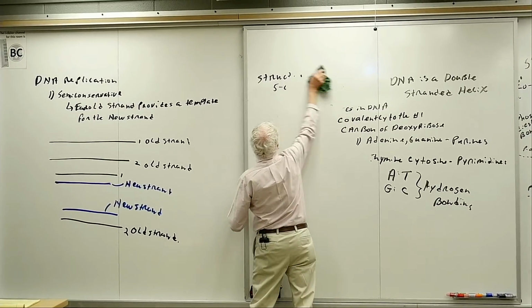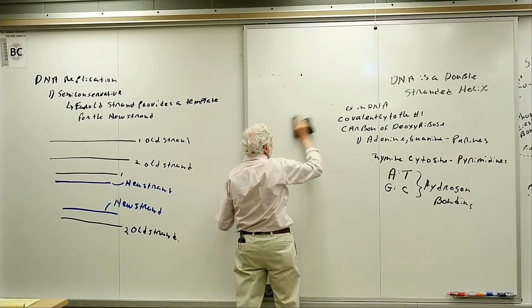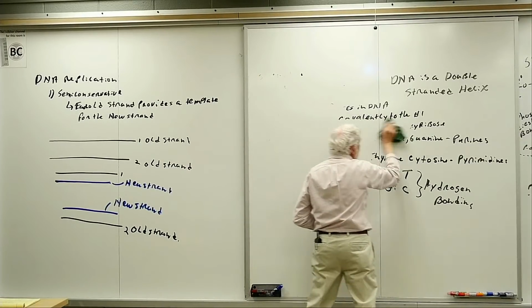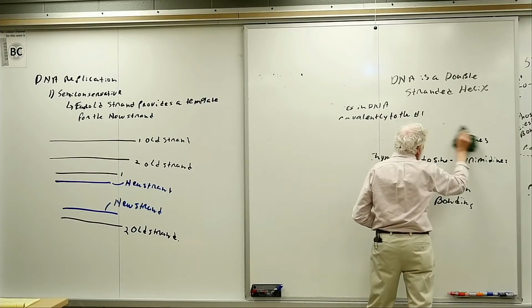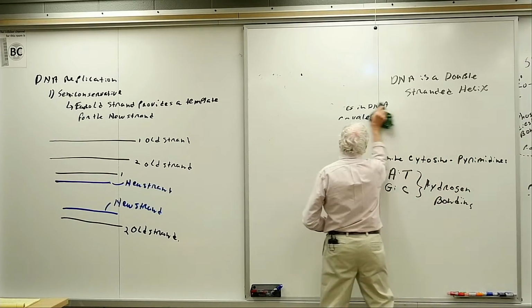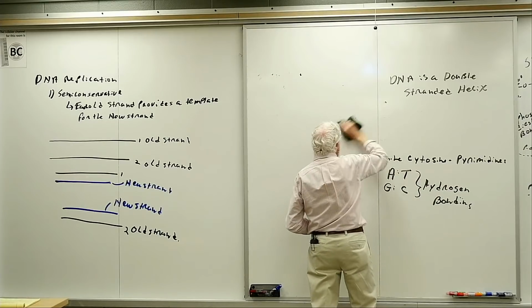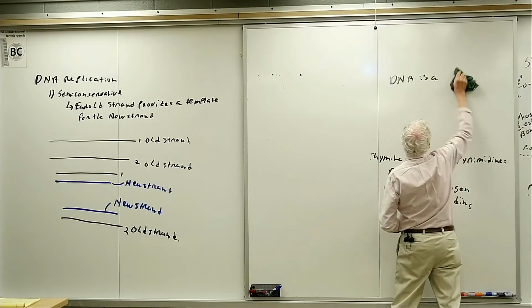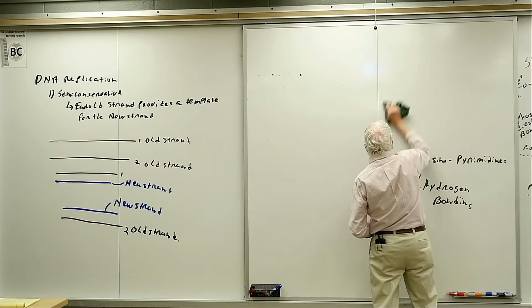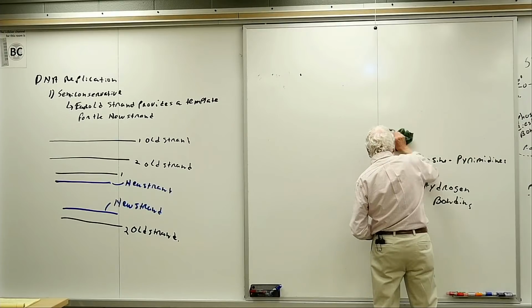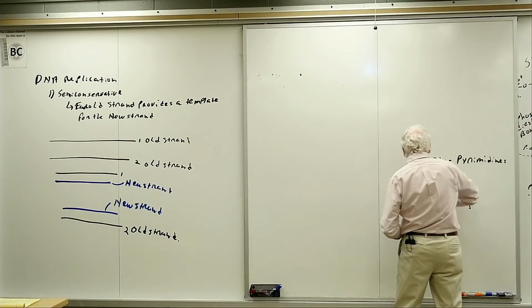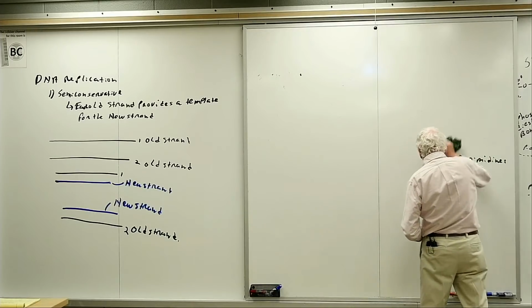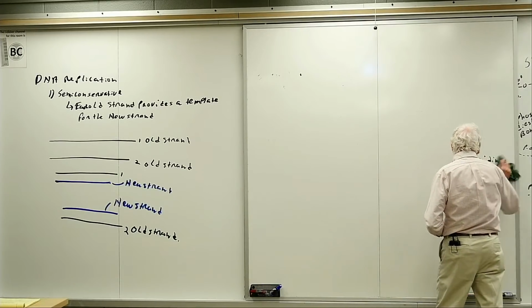And if you think about it for a moment, when you pull those 2 strands apart and unwind the helix, you run into some physical problems with the way the unwinding is going to work. We're not going to talk about that, but there are enzymes to take care of that problem called topoisomerases that we're not going to really mention here at all.